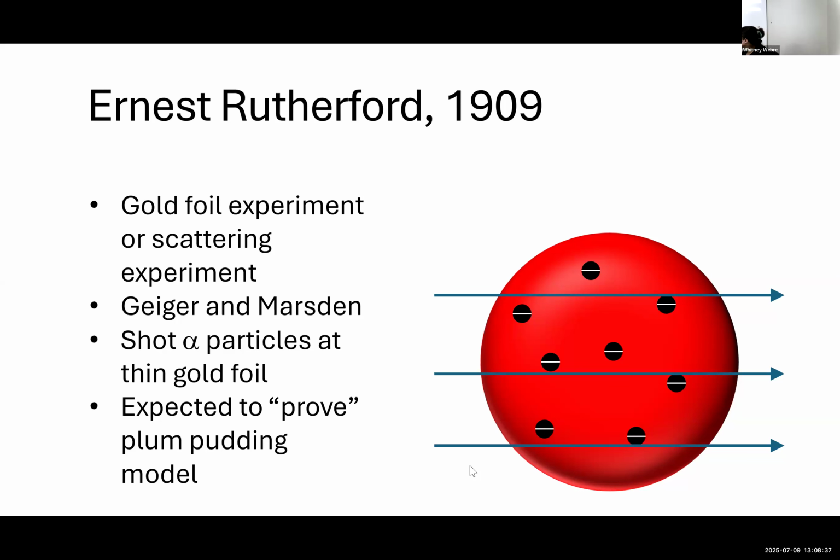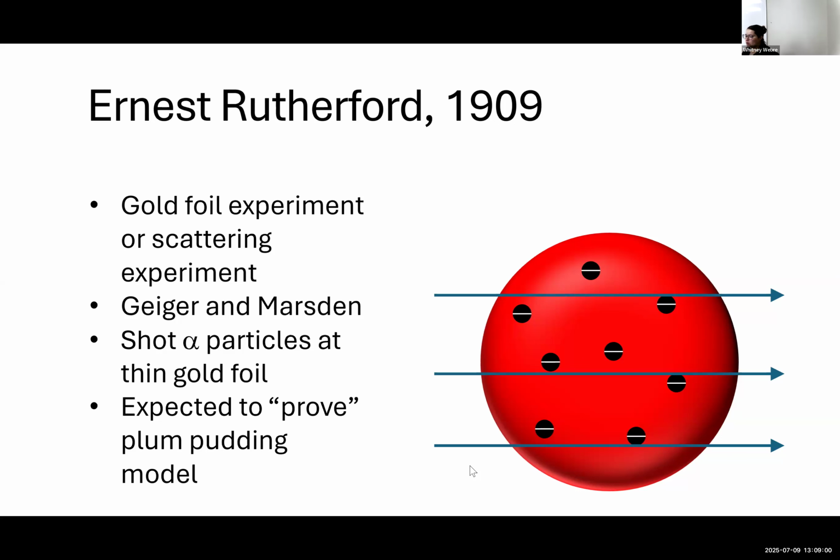He thought that the majority of these atoms are made up of space, so if he shot particles at it, they would go straight through. That was the theory. Geiger and Marsden were his colleagues. They all three did it, but Rutherford was the first or last author, so he's the one that got credit for it.